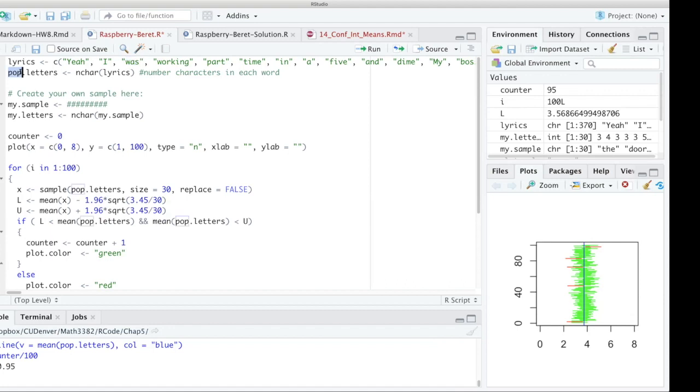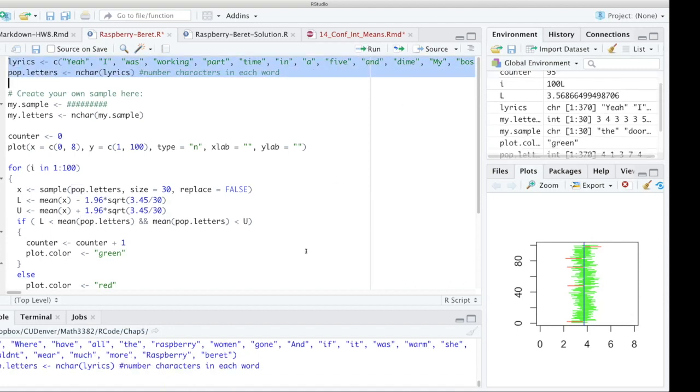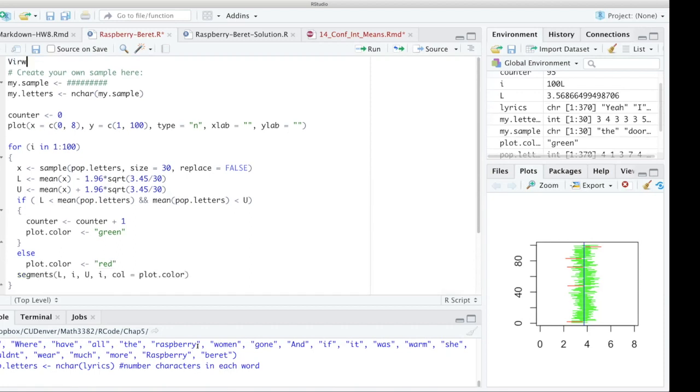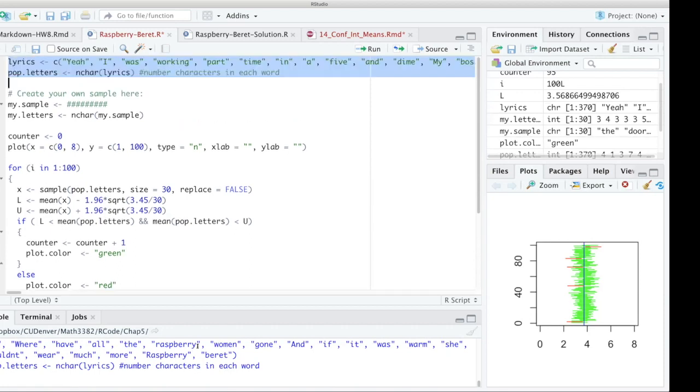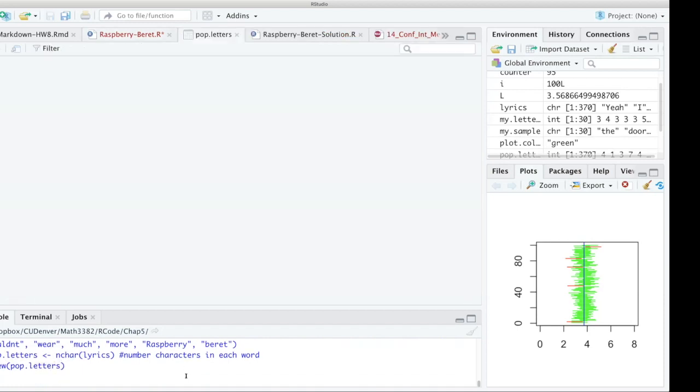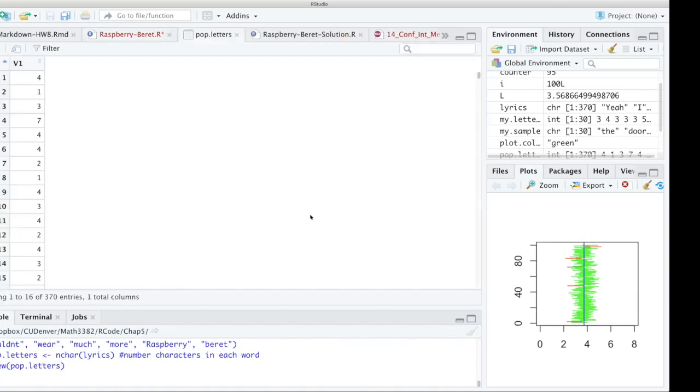So if I run these 2 commands, and then I take a look at what I just created, it changed that vector of words to a vector of letters now, right? So it's counting how many letters were in each of those words.